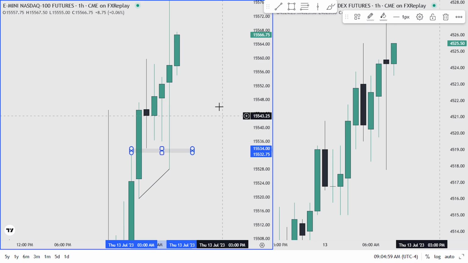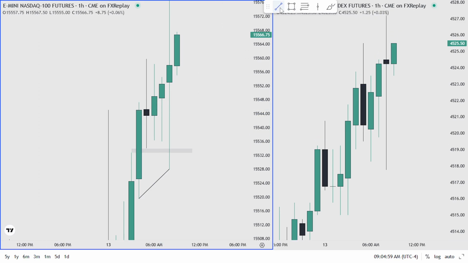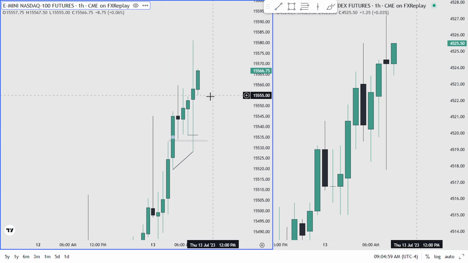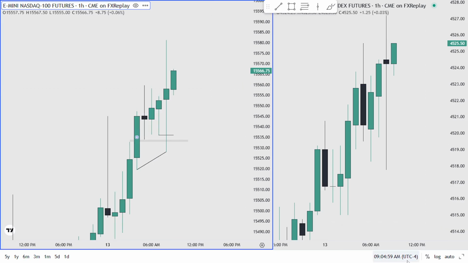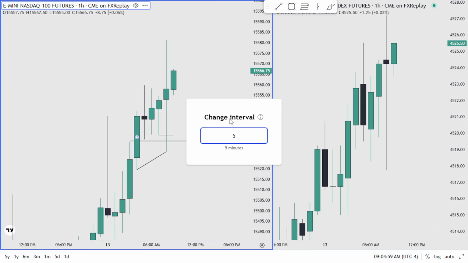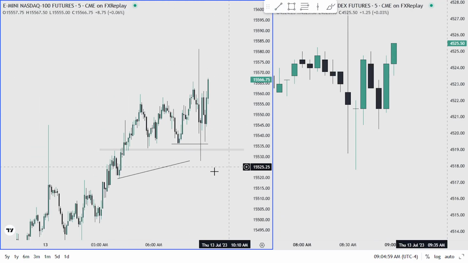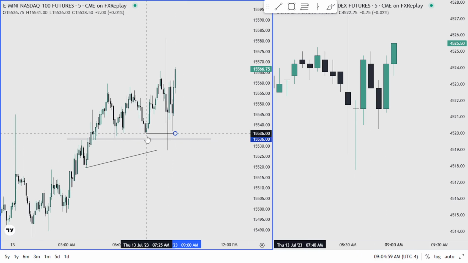And what did the 8 a.m. candle do? You can clearly see that it just closed above. So this is a good indication that the price will go higher. And yeah, let's see. Okay, so this looks solid to go higher, not gonna lie.